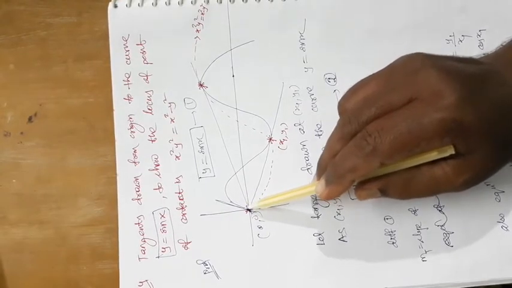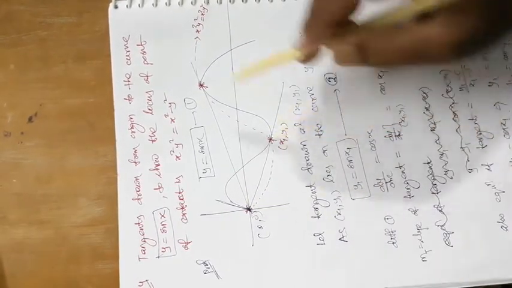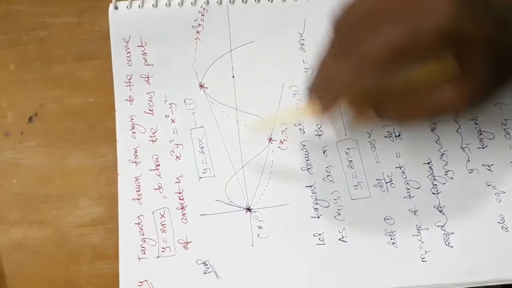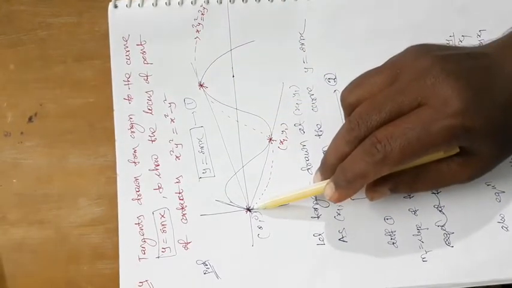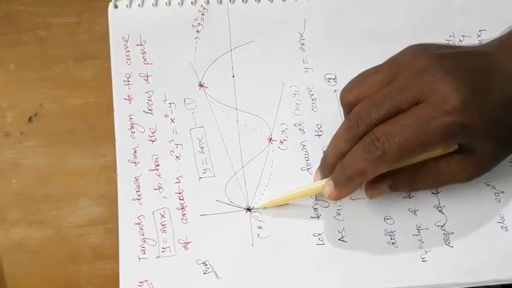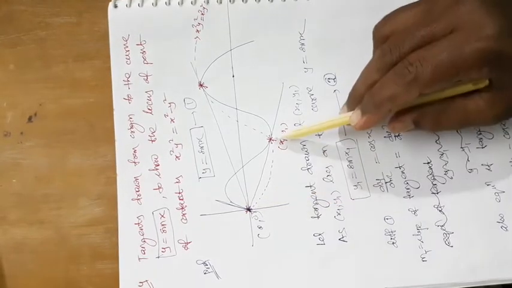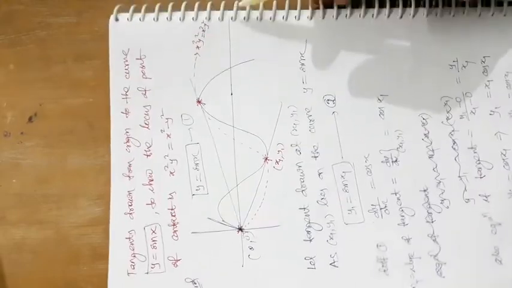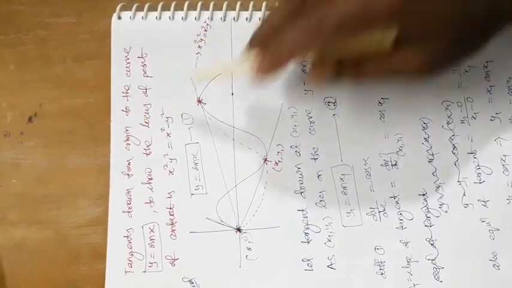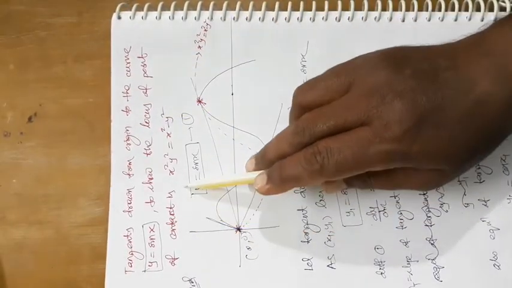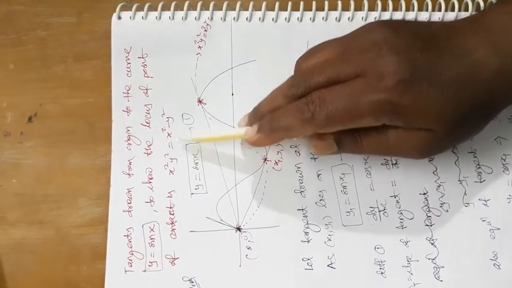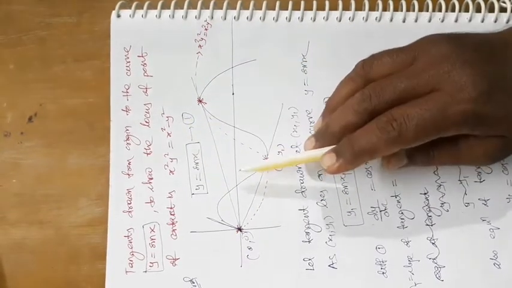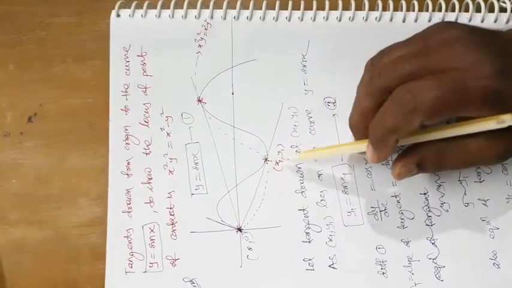When we draw tangents from the origin to the curve, the points are these. And we are going to find the locus of the points of contact, which is x square y square is equal to x square minus y square. Locus means set of points.